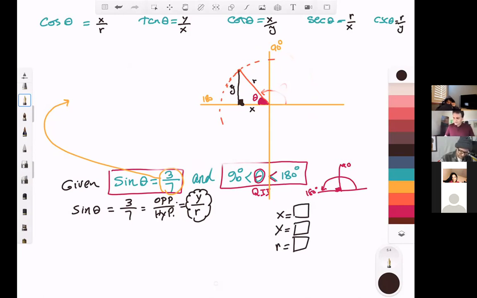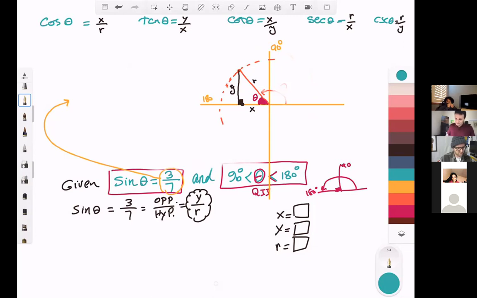What is the value of y here? It's going to be going up. Sine is y over r. Very good.